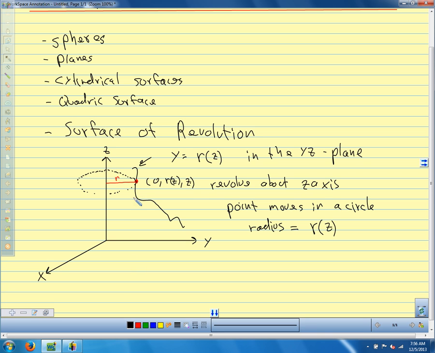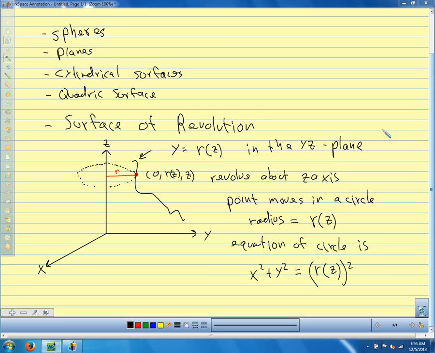So the equation of this circle is going to be x squared plus y squared equals r of z squared. And that's going to be true for any point on this curve that we rotate around.